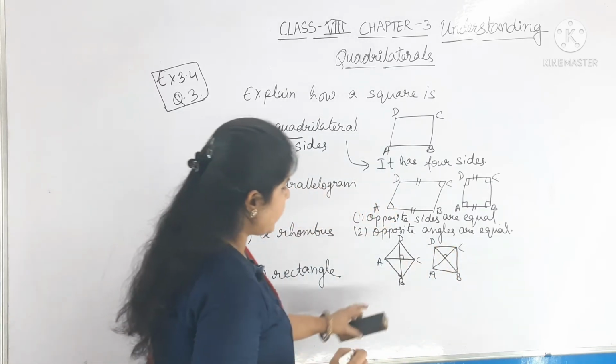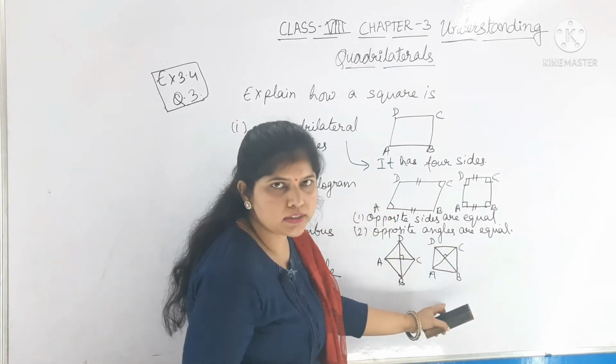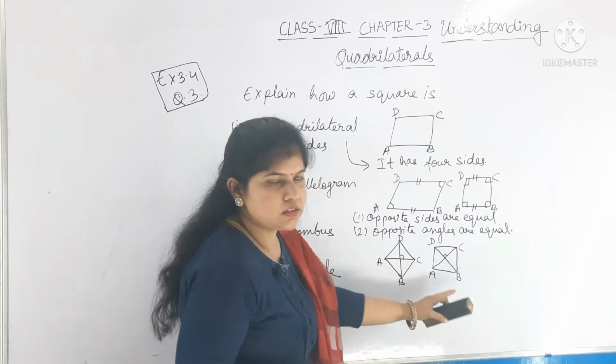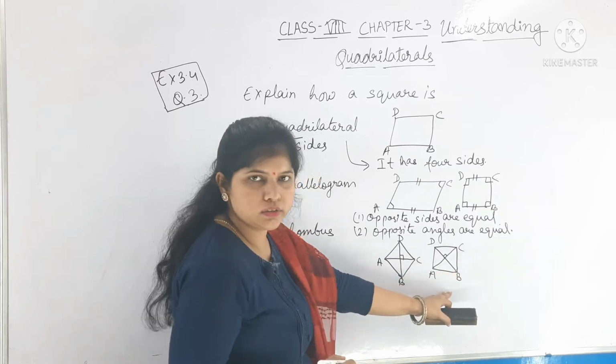You can see that all four sides are equal in both figures, that is, it is a rhombus and it is a square.